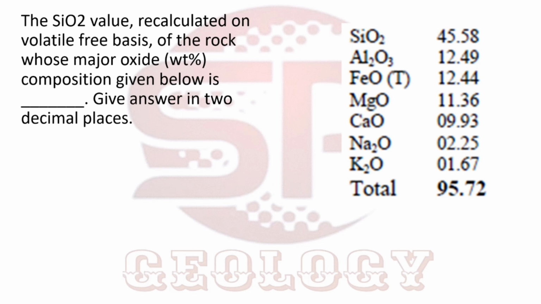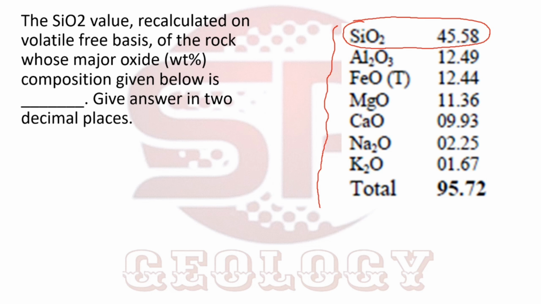Then the SiO2 value recalculated on a volatile free basis for the rock whose major oxide weight percentage is given. So we have to recalculate, or normalize, the SiO2 value. This is the oxide values present in a rock. Simply calculate the total oxide percentage, that is 95.72.